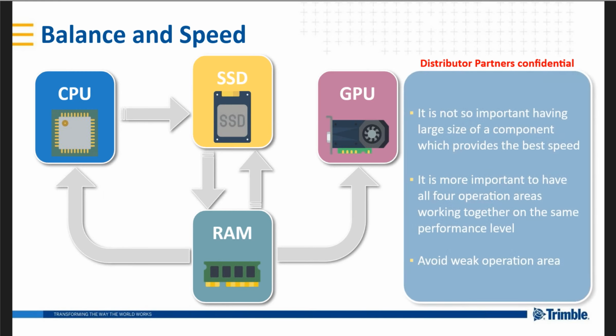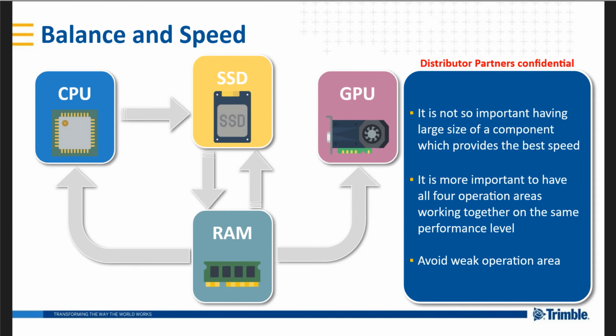The key message here that I want to bring to you is that it's not so important to have large sizes of the components, meaning large cores or whatever, to provide the best speed. It is more important to have all 4 areas here, the CPU, SSD, GPU, and the RAM, working together at the same performance level, and of course avoiding weak operation areas.